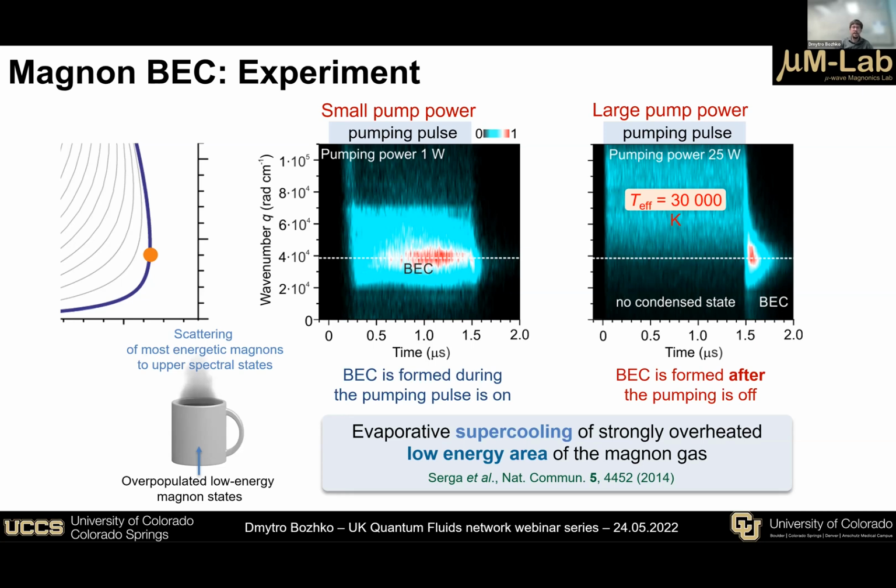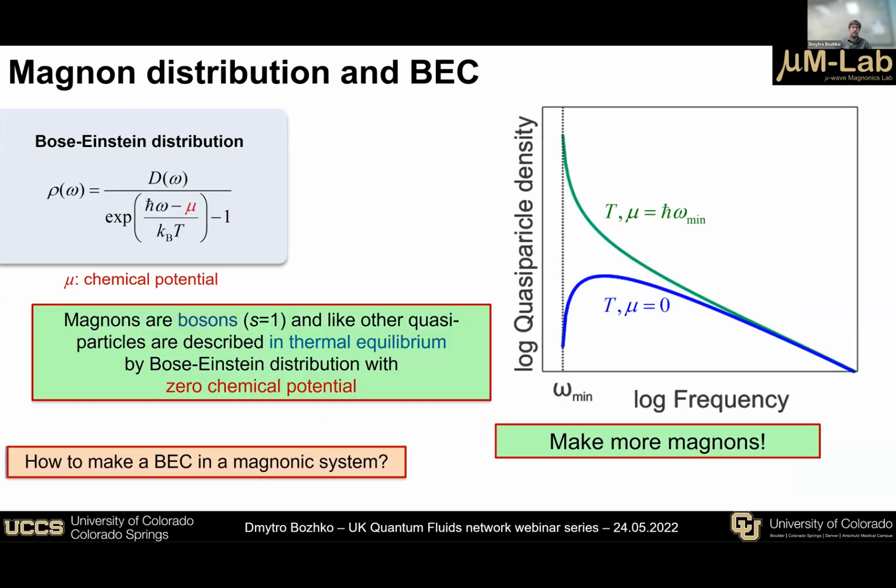So this is the process by which we form the Bose-Einstein condensate of magnons, and this is one of the ways.